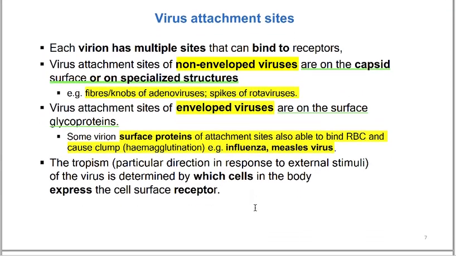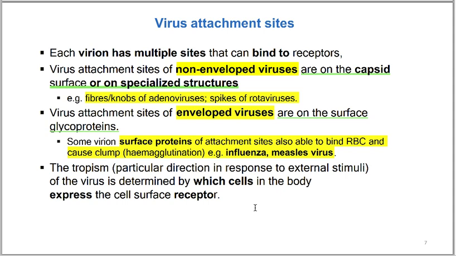So what we learned is that before entering, viral attachment is very important, and receptors and co-receptors play a very important role in viral attachment. Each virion has multiple sites that can bind to receptors.